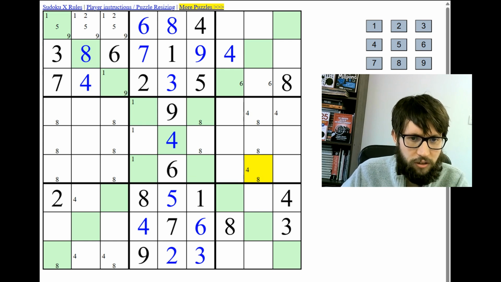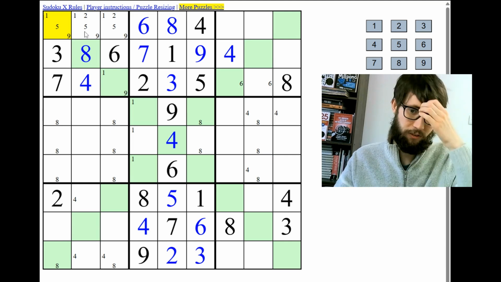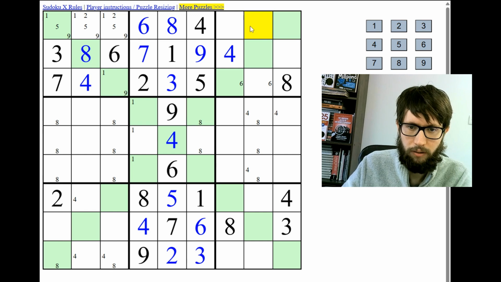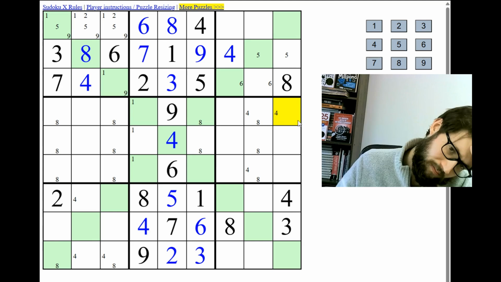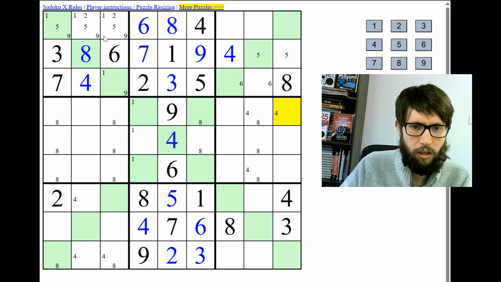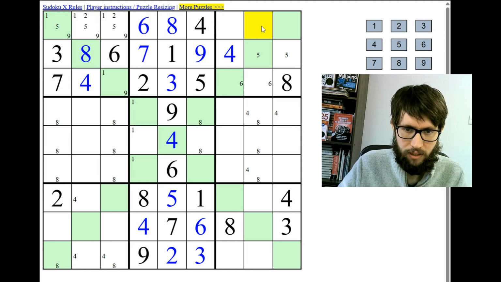Let's see. We need to crack another grid, I think. You can see the 5 has to be in the top row, which means we know there can't be a 5 in any of those. We know, therefore, a 5 has to go in either of these 2. The 2, likewise, must be in one of these 2, which means there's no 2 in any of these either.